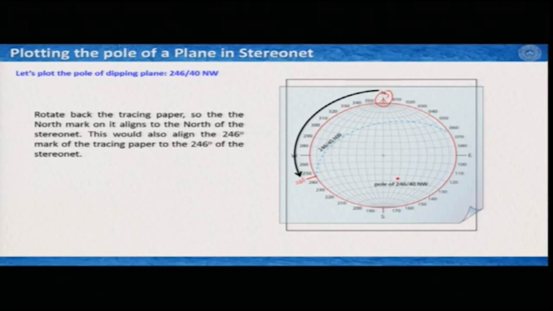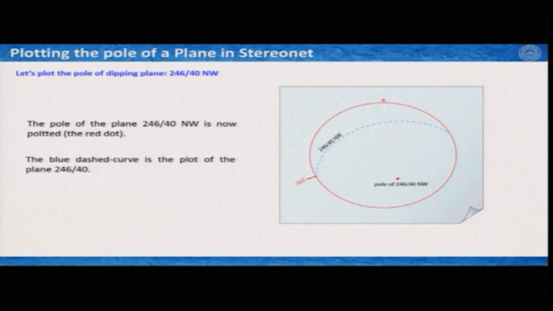In this case, this point E that we have marked in the previous slide is actually the pole of this dipping plane, 246 degrees 40 degrees northwest. And this blue dotted great circle is actually the projection of the plane 246 degrees 40 degrees northwest. And if you take it off from the stereo net, it would look like this.